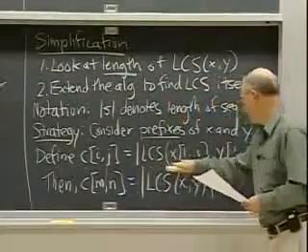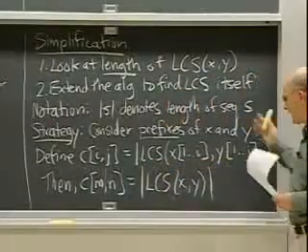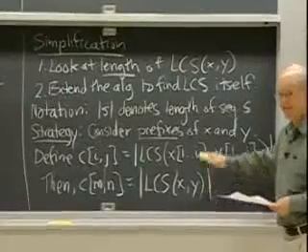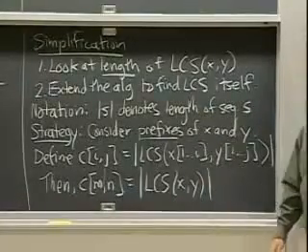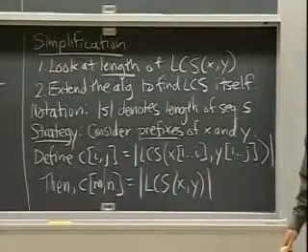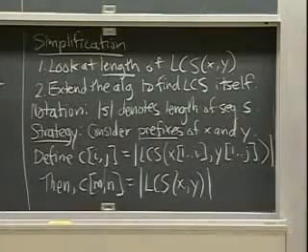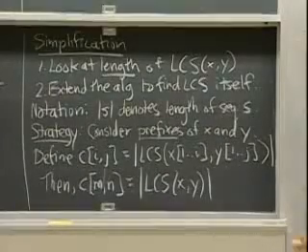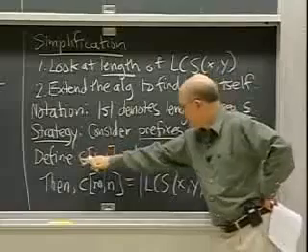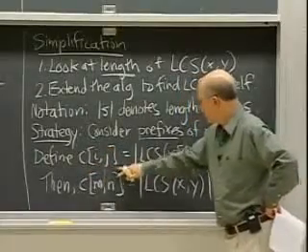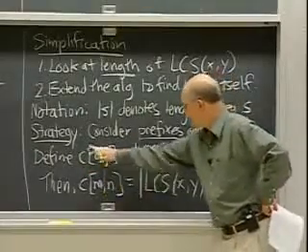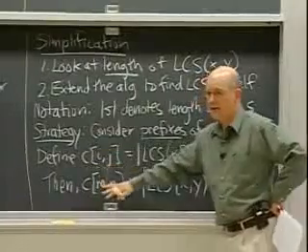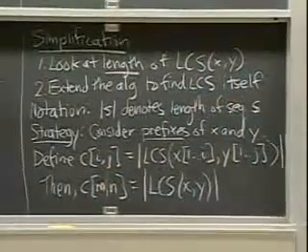Because if I go from 1 to m and 1 to n, I'm done. Okay? And so it's going to turn out that what we want to do is figure out how to express C of m, n, in general C of ij, in terms of other C of ij. So let's see how we do that.